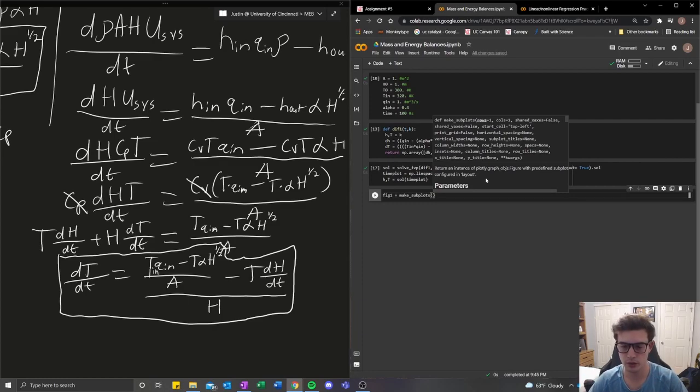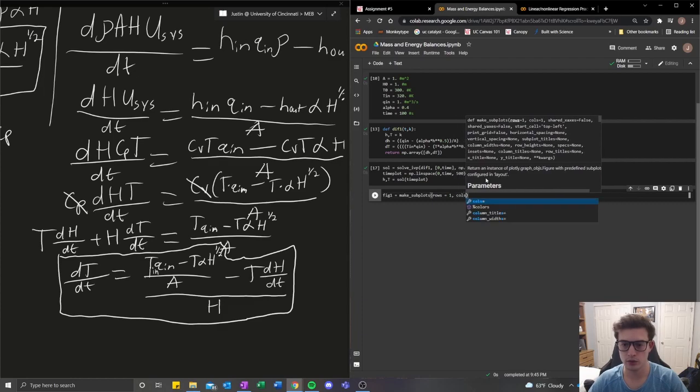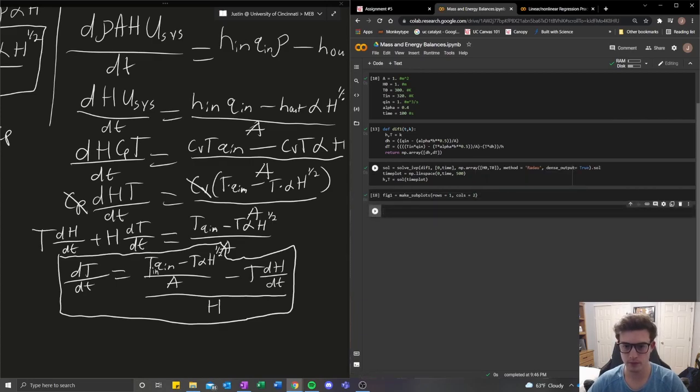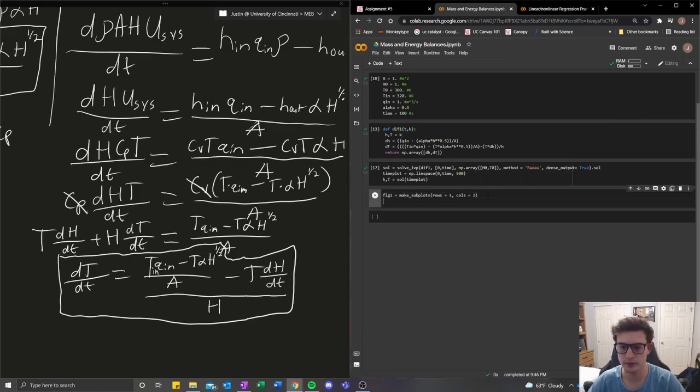So we want our rows to be 1 and our columns to be 2. All right, so now we want to add the scatter plots.